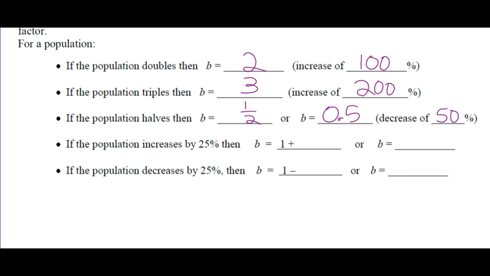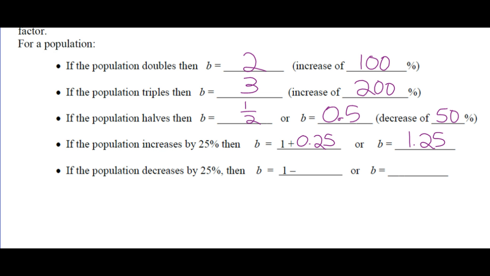If the population increases by 25%, then b is equal to 1 plus 0.25, or b equals 1.25. Okay, so the initial 1, the 1 in there, so even when we put a 2 in there as the base, think of 2 as 1 plus 1, and 1 is the initial amount, and the other 1 is what it's increasing, right?